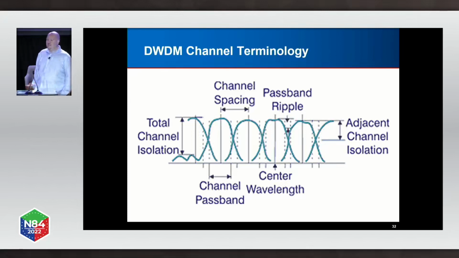And so you'll have different levels of interference. You'll have adjacent channel isolation. So what's the amount of signal that I get before the next channel over starts to interfere, and then what's the amount of isolation that I get for the entire system and the other 30 channels that are sitting over here. And these start to add up.